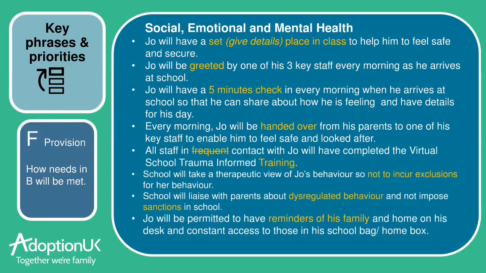Okay, looking at some other aspects to social, emotional, mental health. School will take a therapeutic view of Jo's behaviour so as not to incur exclusions for her behaviour. This really is pushing that schools truly understand our children. Again, looking at behaviour. School will liaise with parents about dysregulated behaviours and not impose sanctions in school.